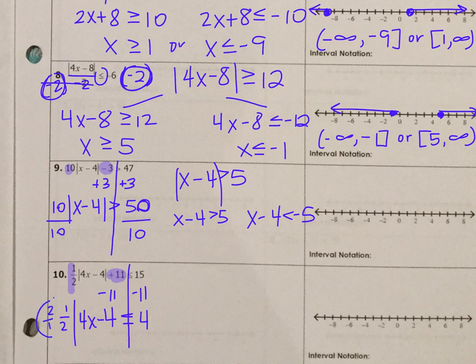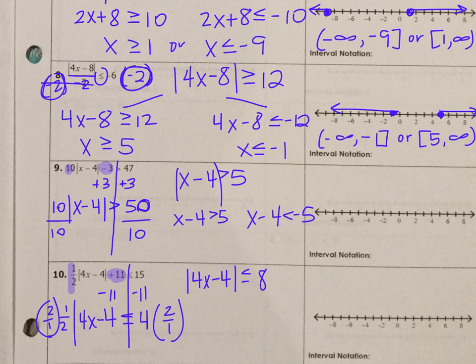If I multiply by 2 over 1, or you can divide by 1/2, either way, I end up with the absolute value of 4x minus 4 less than or equal to 8.